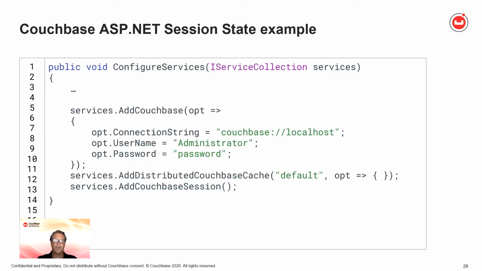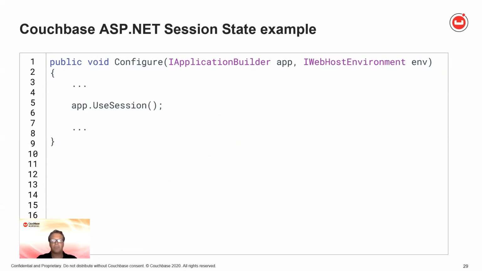In this case, once again, in our Startup.ConfigureServices method, we'll register our Couchbase dependency, AddCouchbase, pass in the options, and then we'll add the distributed cache, AddDistributedCache, associating it with the default bucket, and then we're going to call services.AddCouchbaseSession. Now, there's one last thing you need to do.